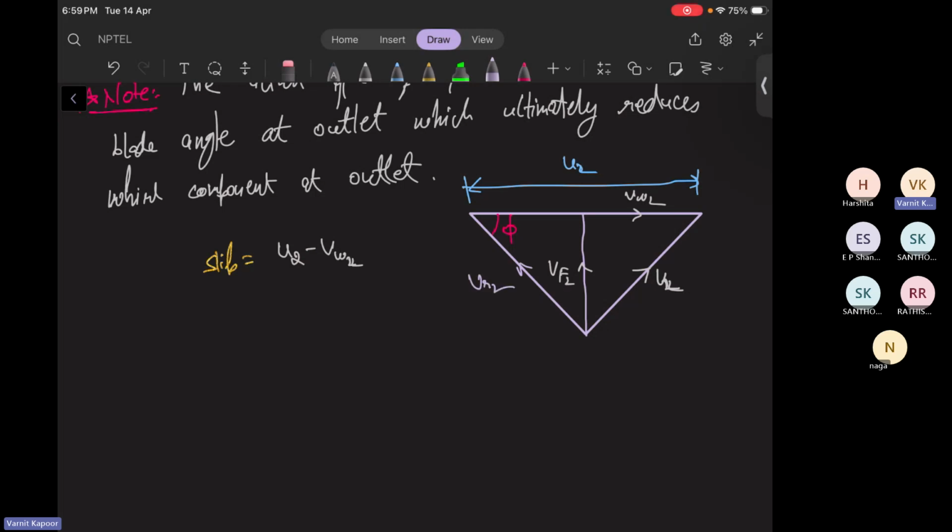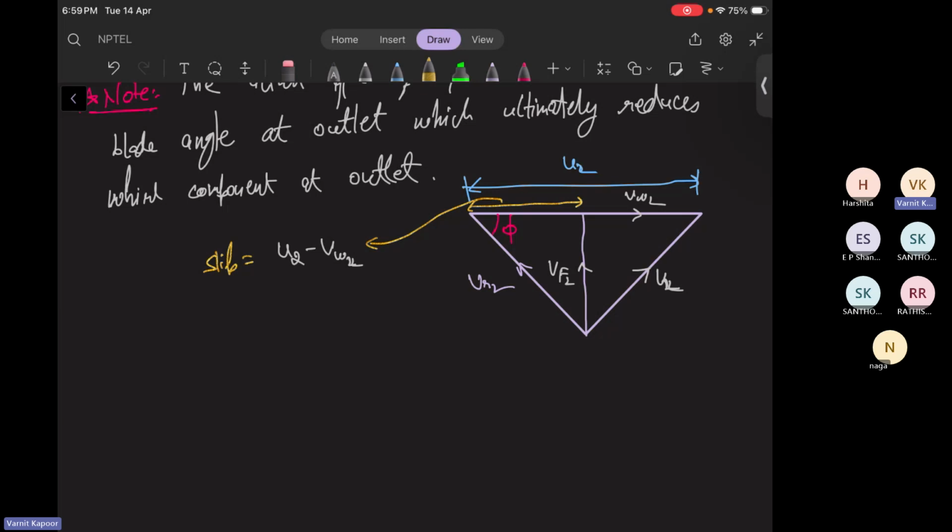So U2 minus VW2 is basically your slip. This region is your slip. If it would have been a radial blade at outlet, then U2 would ideally be equal to VW2. But because of the slip, U2 is a bit higher compared to VW2, and it leads to a decrease in the actual blade angle at the outlet.